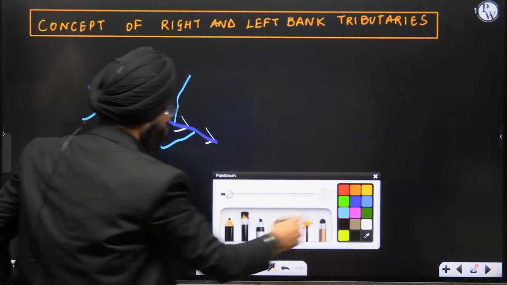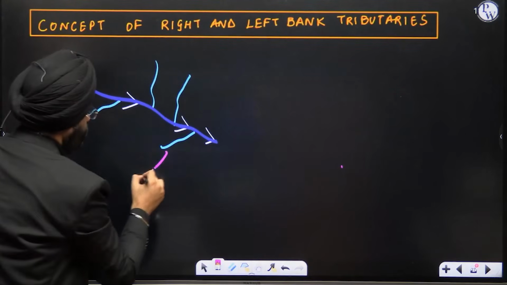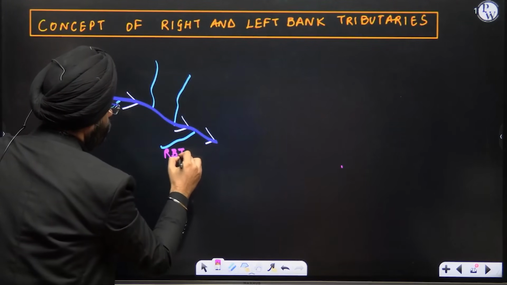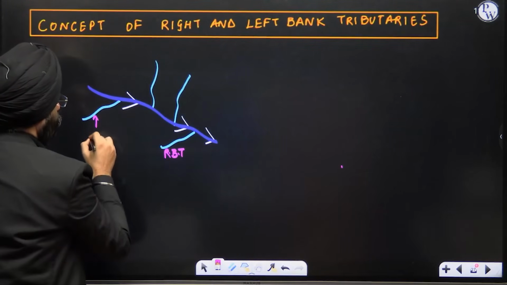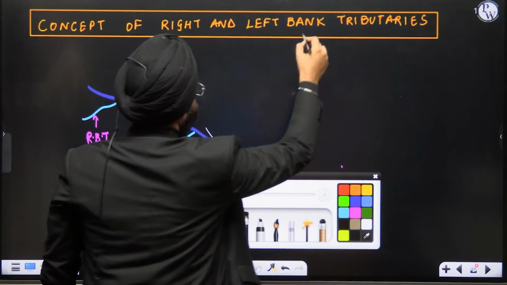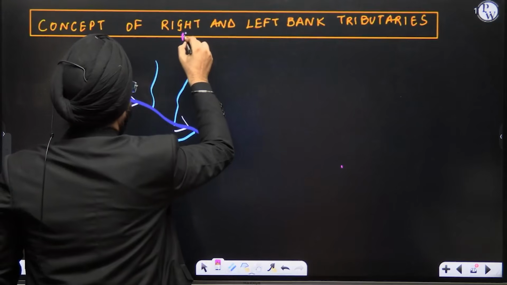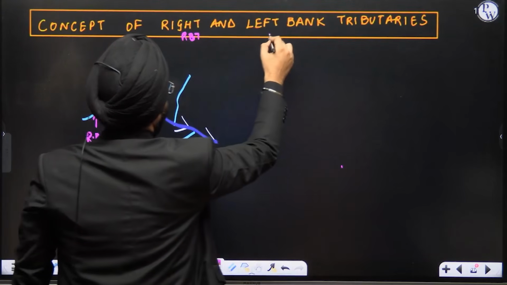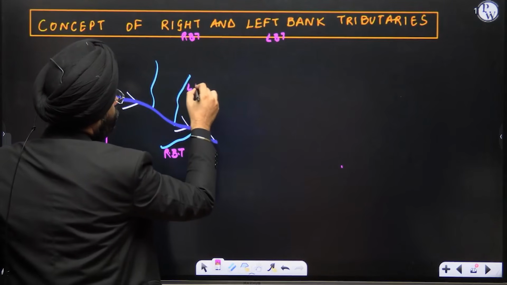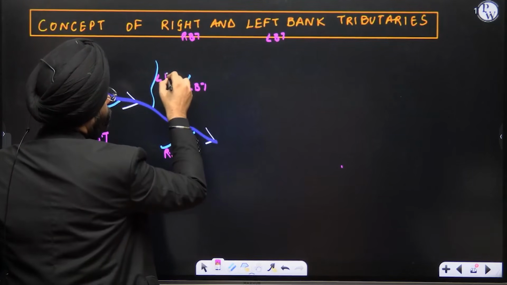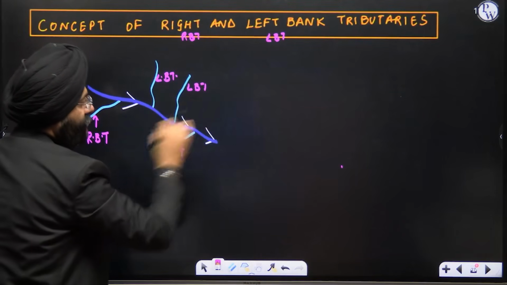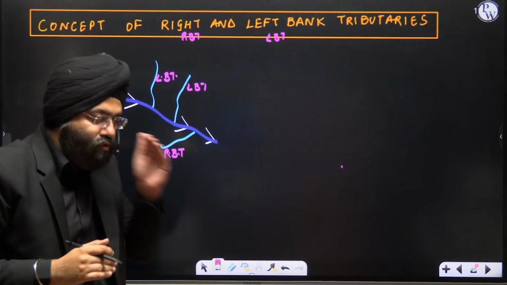So can I say something over here? This is a right bank tributary. This is also a right bank tributary. RBT, LBT, right? So can I say this is a left bank tributary? Left bank tributary, because it is joining from the left side with respect to the direction of flow.